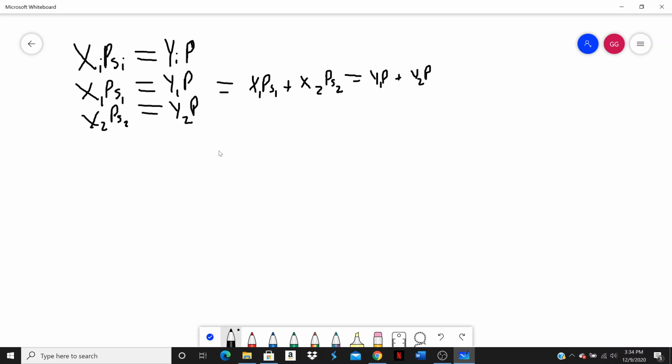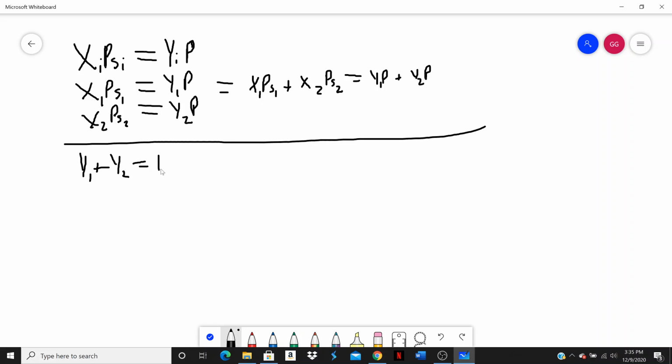Okay, so if we want to derive an equation for bubble point, we can take this equation up here and rewrite it, simplifying the right side by using the fact that y1 plus y2 is equal to 1. This is because the mole fractions of the different components always add up to 1.